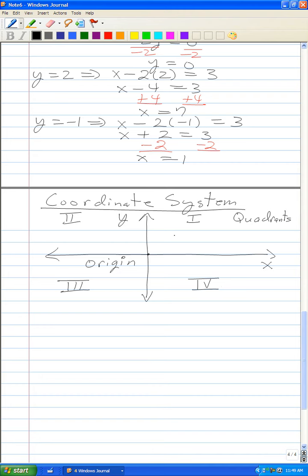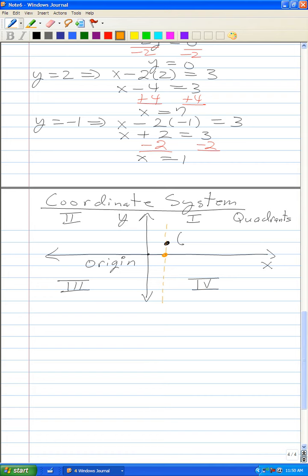I can associate with any point in the plane an ordered pair as follows. Take a line parallel to the y line passing through that point. Find the point of intersection between the x line and that line.